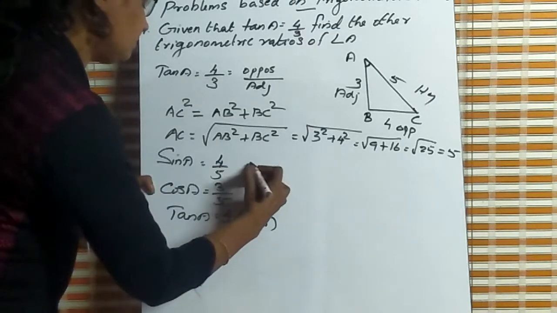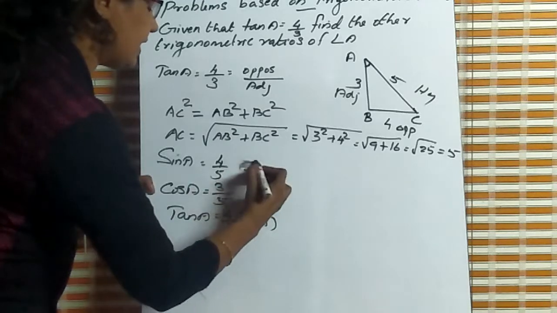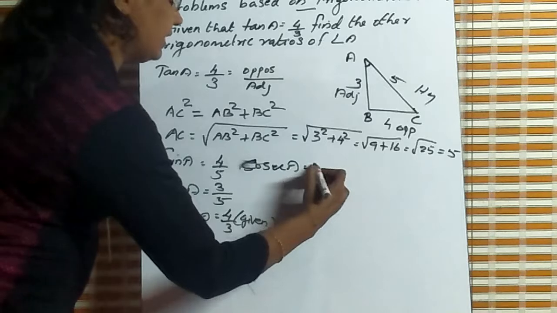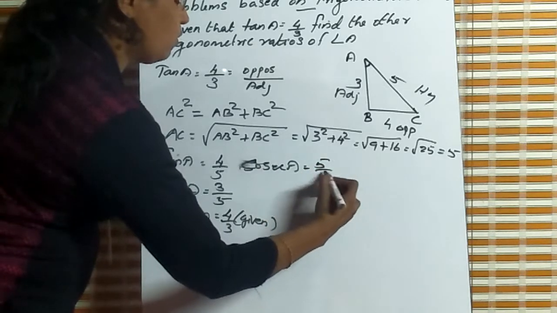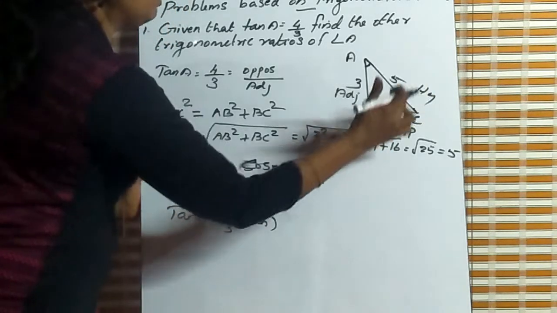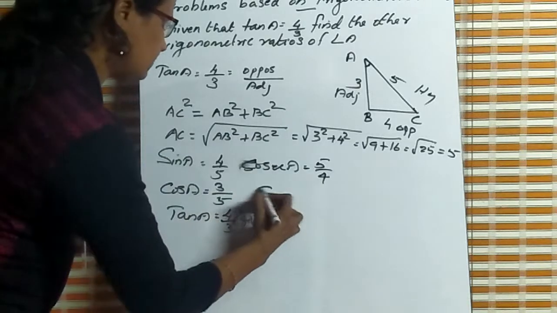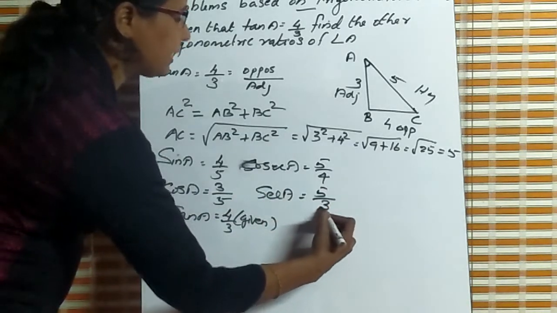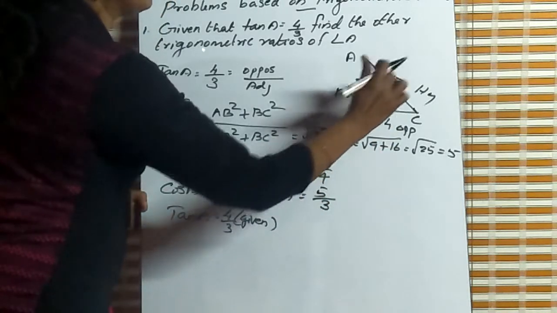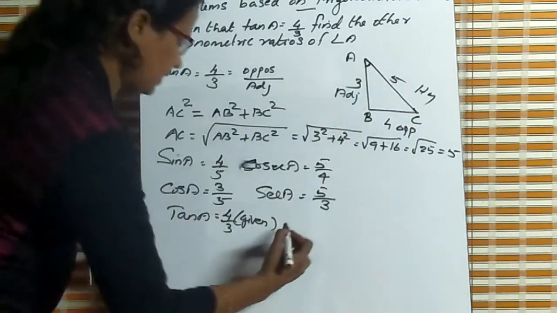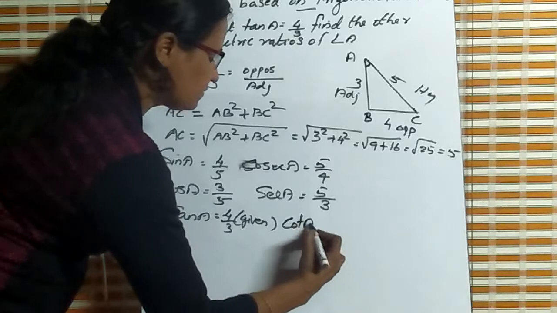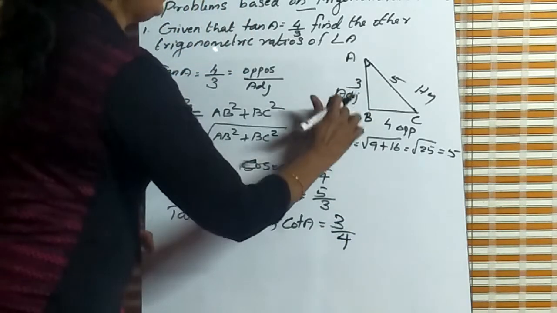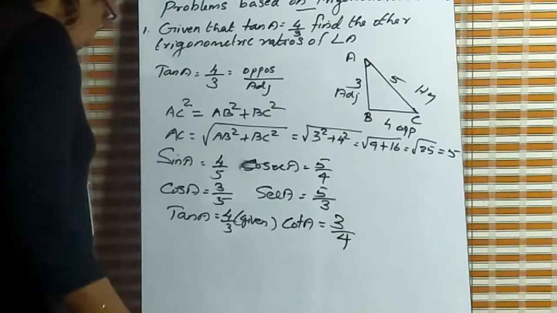Then cosec A. Cosec A is the reciprocal of sin A equals 5 by 4, means hypotenuse by opposite side, and sec A is the reciprocal of cos A equals 5 by 3, means hypotenuse by adjacent side, and cot A is the reciprocal of tan A equals 3 by 4, means adjacent side by opposite side.